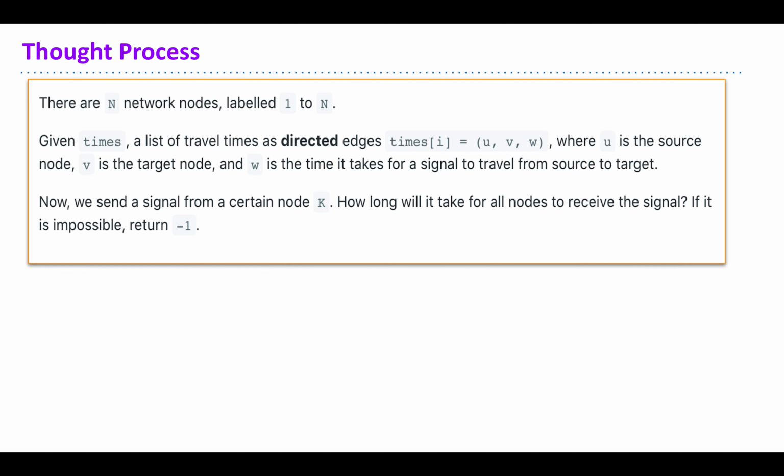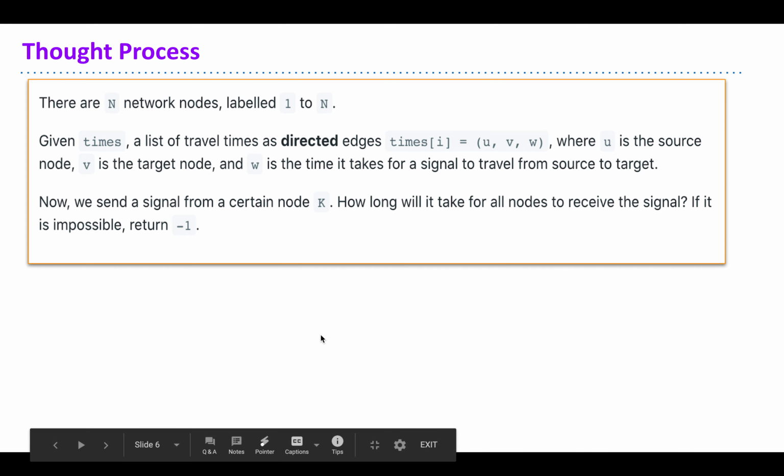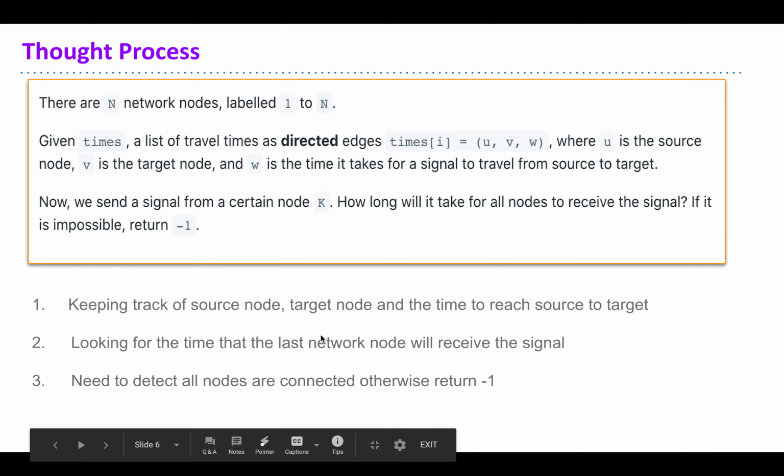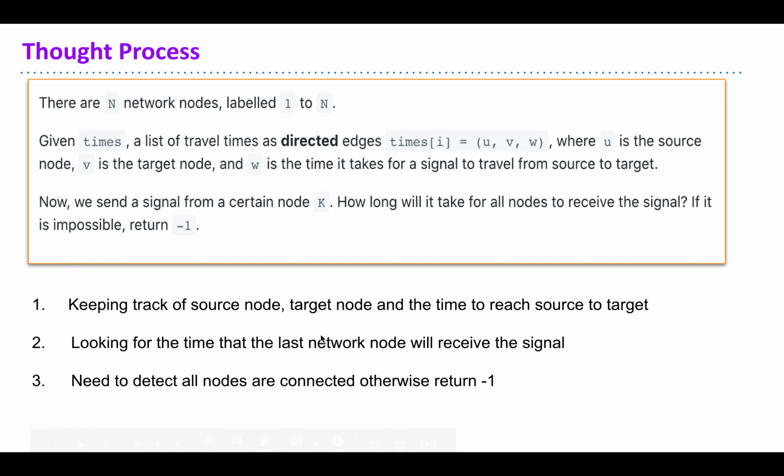So here's some thought process that I would like you to have, or at least that I would try to have. First, what is the critical information? There's the source node, the target, and the time to reach from source to target. We also want to signify that we are looking for the time that the last network node will receive the signal, because this problem states that all nodes must receive the signal.